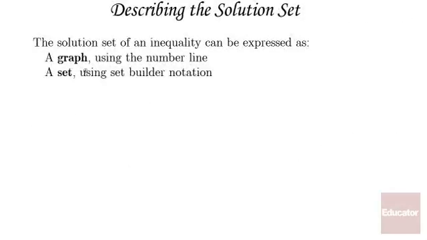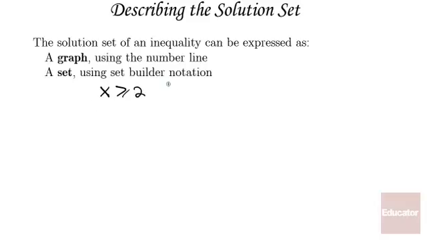There are multiple ways of describing the solution set of an inequality. You can express it as a graph, a set, or simply as an inequality. For example, if I came up with the solution set x is greater than or equal to 2, I could just leave it as an inequality like that. That's a little less formal.